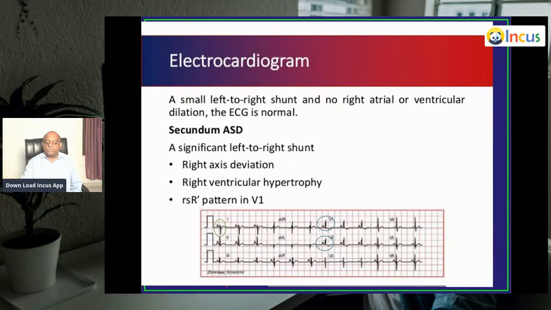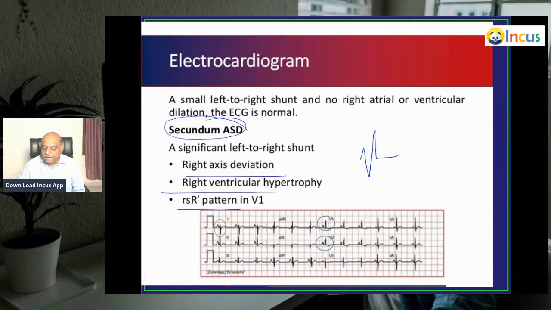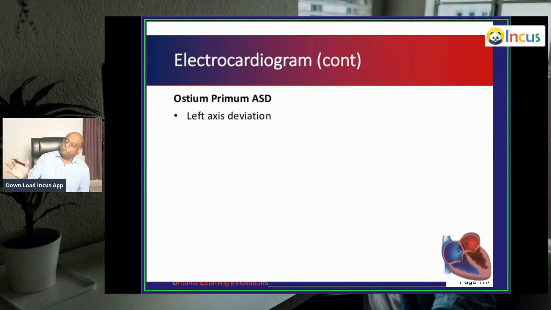Now comes the most important MCQ entrance. Secundum ASD has right axis deviation, right ventricular hypertrophy and an RSR pattern in lead V1. Whereas ostium primum defect has left axis deviation.